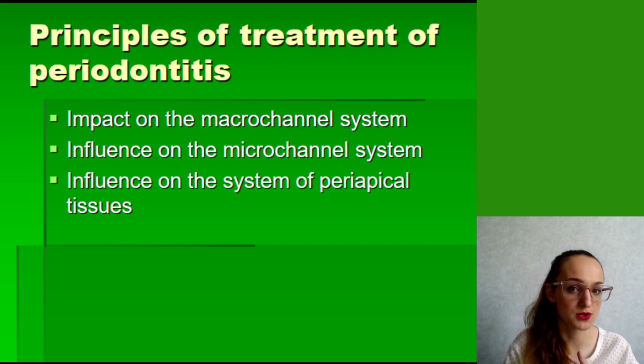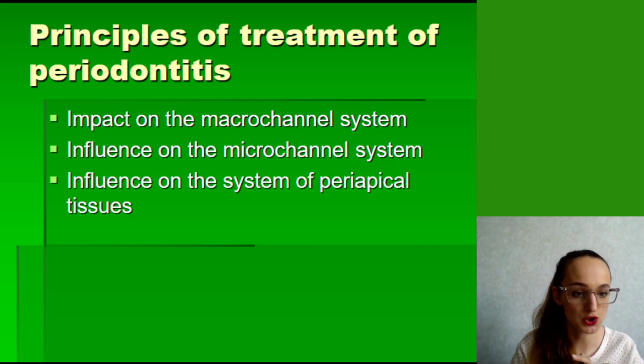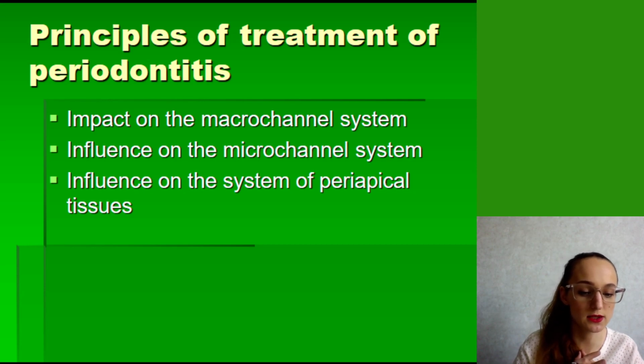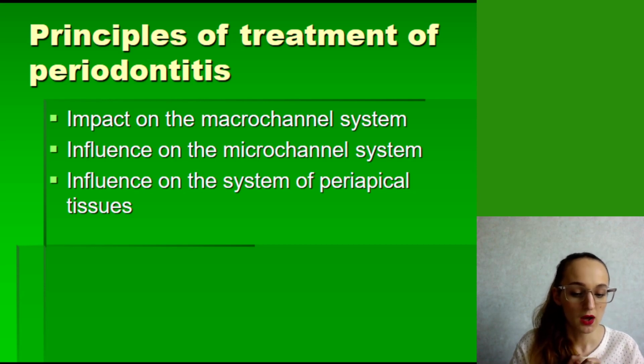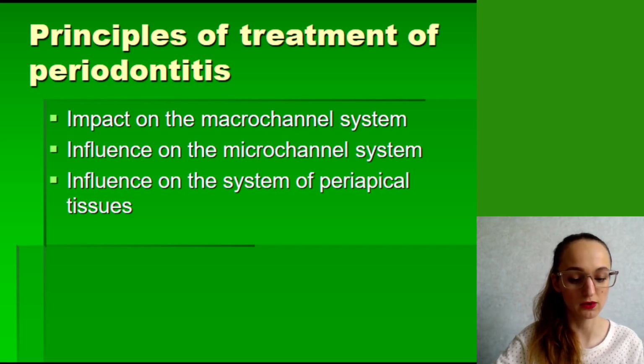And principles of the treatment. I should tell you about indirect pulp capping. You can use this method in deciduous teeth and in permanent teeth. Indirect pulp capping is defined as a procedure in which a material is placed over the thin remaining carious dentin.